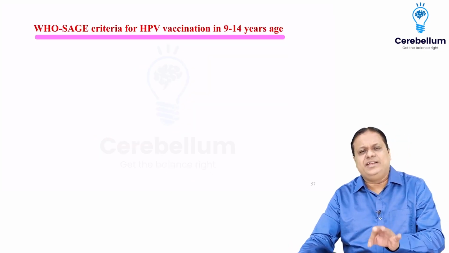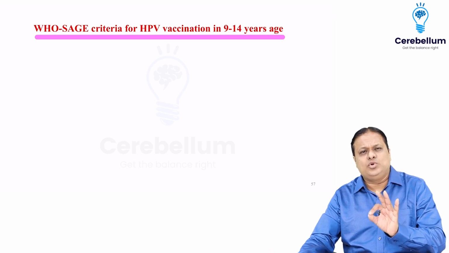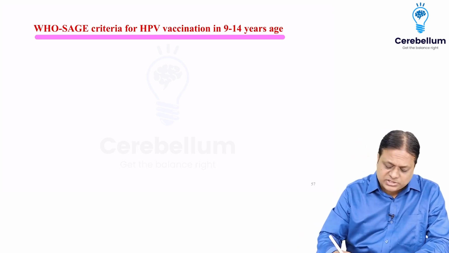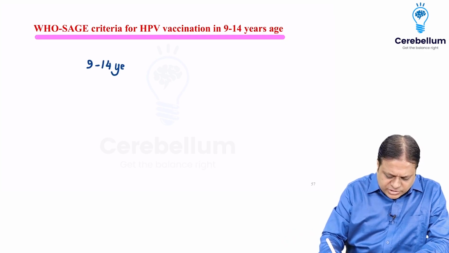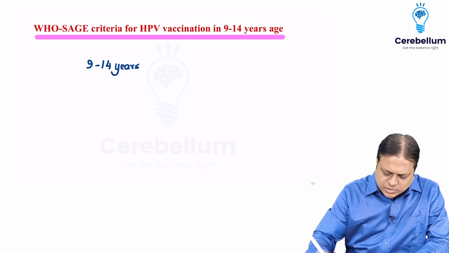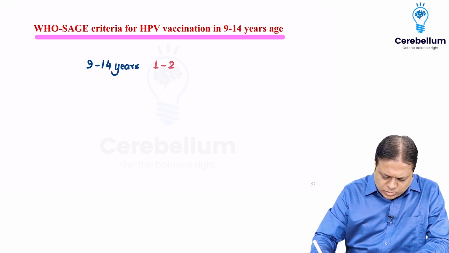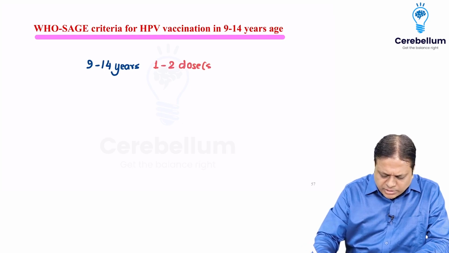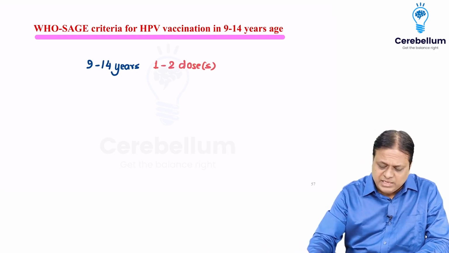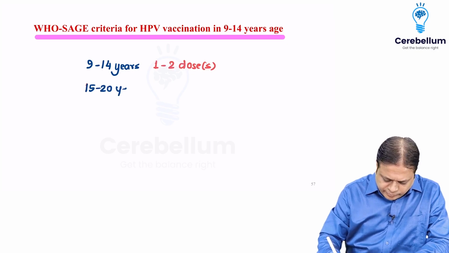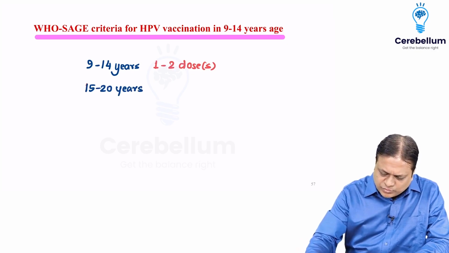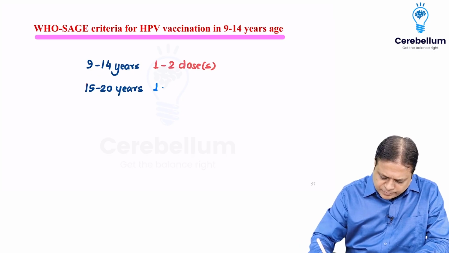WHO SAGE criteria, Strategic Advisory Group of Experts on Immunization, they say 9 to 14 years of age, these girls require 1 to 2 doses of human papilloma virus vaccine. If the age of the girl is 15 to 20 years, then also 1 to 2 doses.